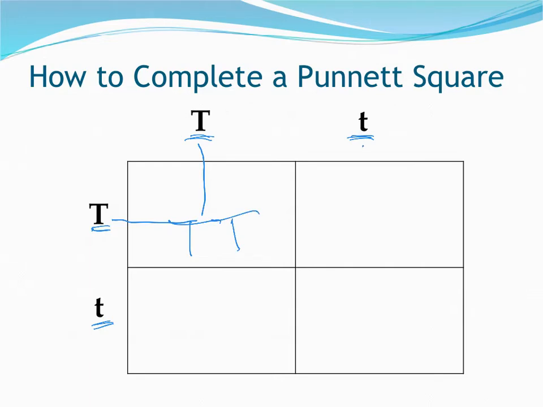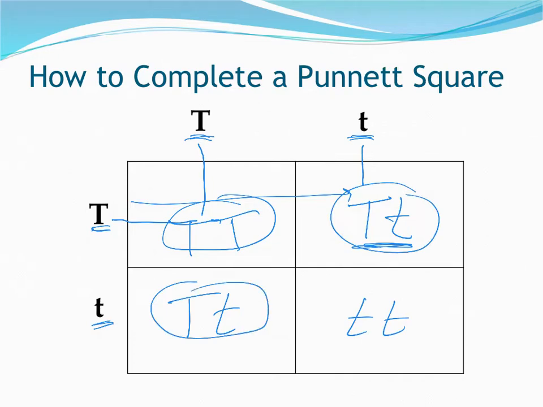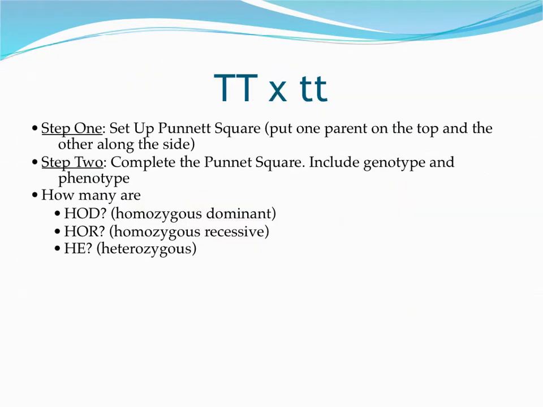For this one, column times row, we get capital T, lowercase t. When you're writing genotypes, you're always going to put the uppercase letter first. Again, this one gives us capital T, lowercase t, and this one will give us lowercase t, lowercase t. So the genotypes are 1 homozygous dominant, 2 heterozygotes, and 1 homozygous recessive.